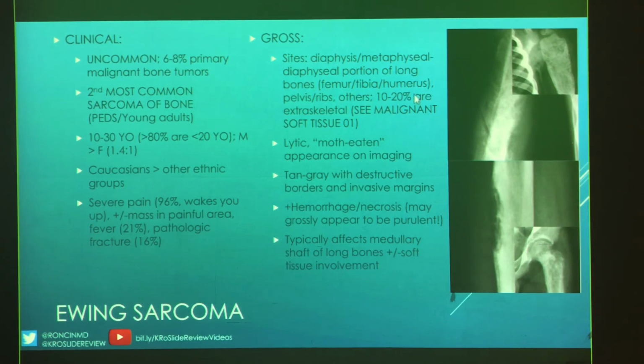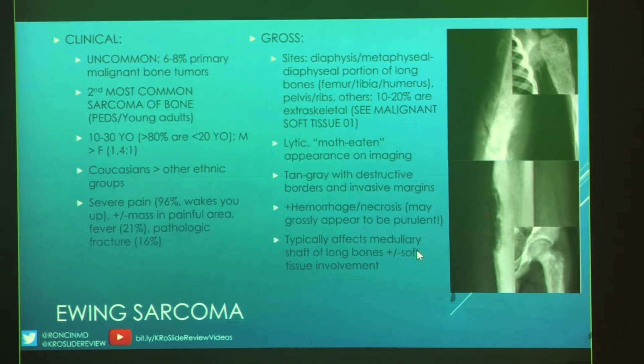Something else to note is that 10 to 20% of these are extraskeletal. So this was something that we covered in the malignant soft tissue. They have this moth-eaten appearance that you can hopefully appreciate, where it's just sort of raggedy. Grossly, they are tan gray with very destructive, ill-defined borders and invasive margins.